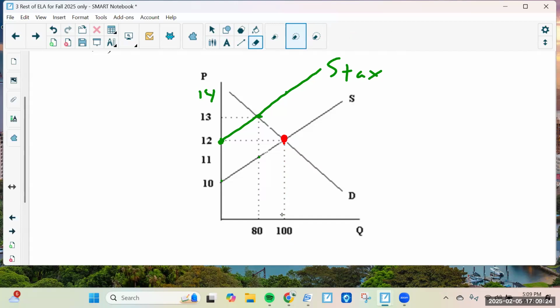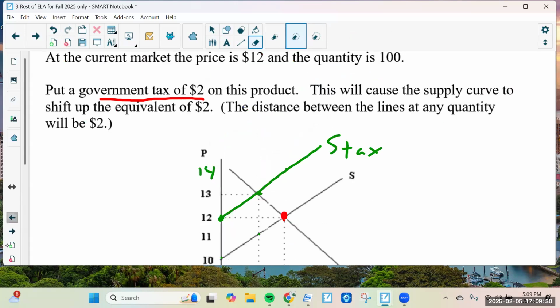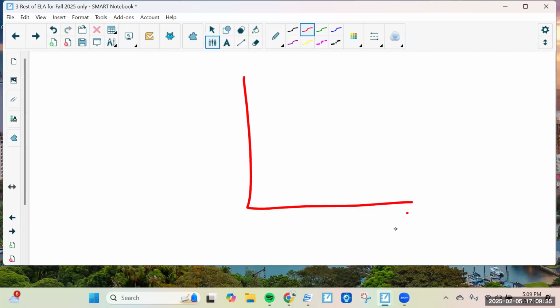I'm seeing people shifting curves, and when they go to, for example, draw a new demand curve, you've got quantity, you've got price, you've got a downward slope of demand. Let's suppose we want to show an increase in demand. I'm seeing students do something like this. Dotted lines for curves are never acceptable.